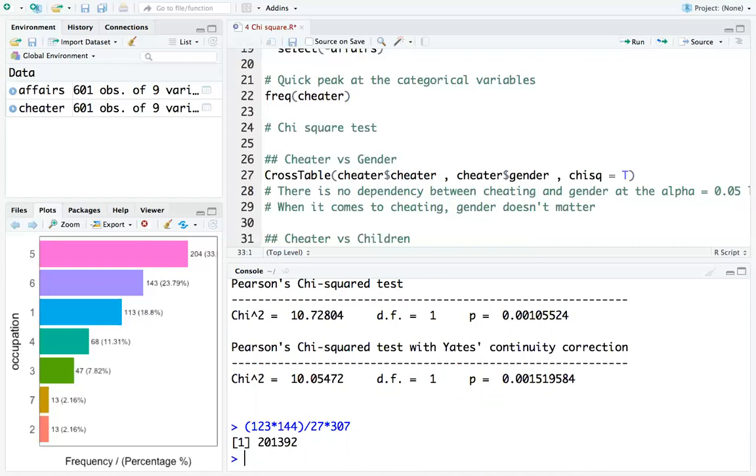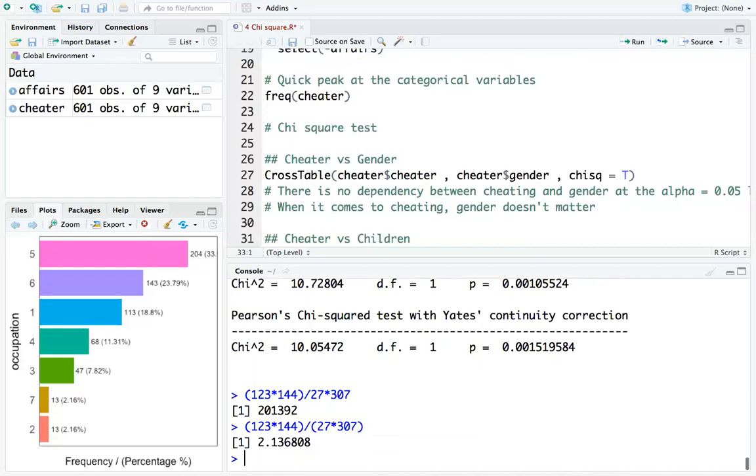Yes, that's right. Thank you for that. I know something didn't look right there. Okay, 2.13. Those are my odds. My odds of cheating if you have children. The odds of cheating are 2.13.